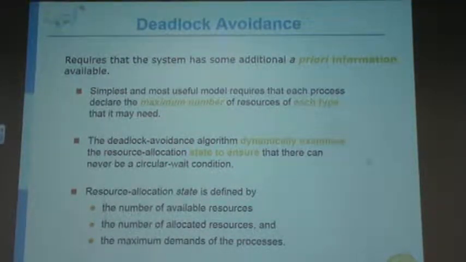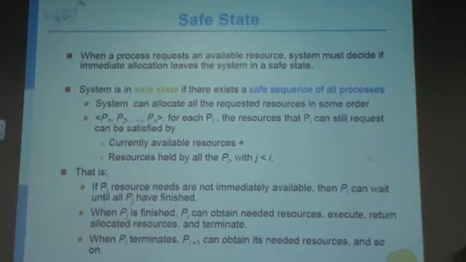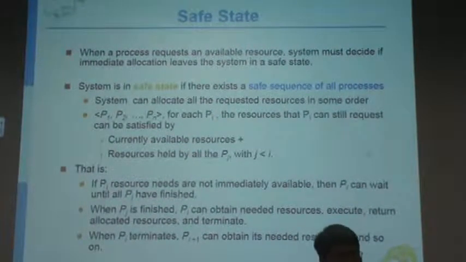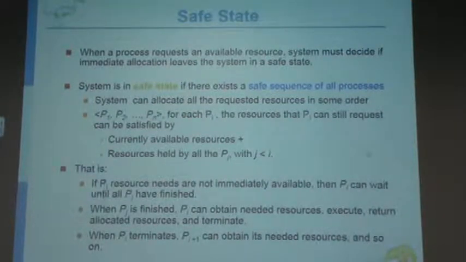So at that time, you are not going to grant the resource to the process, which means the process cannot get it. Safe state means that if you can find a sequence of all processes where each process can take the required resource from the operating system, then it may not cause any deadlock situation.